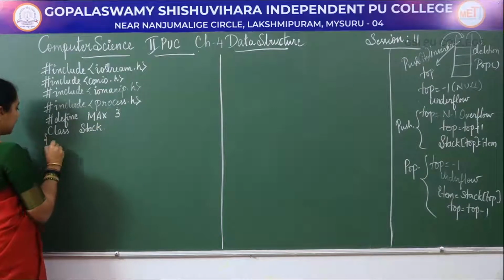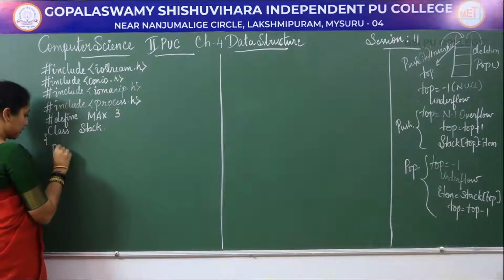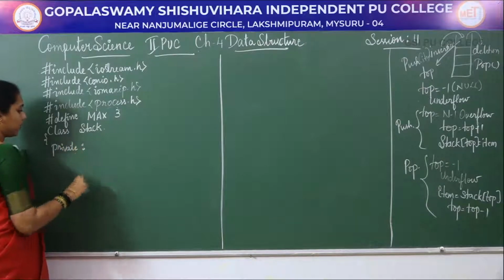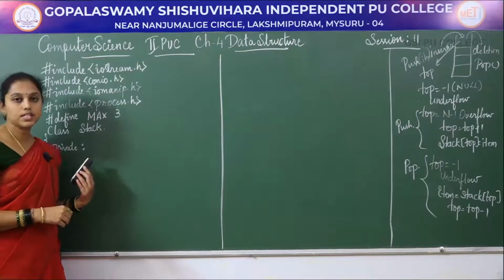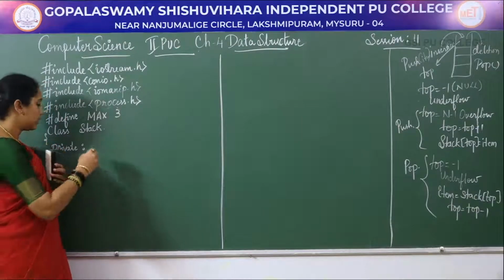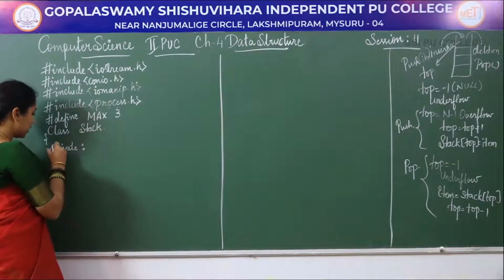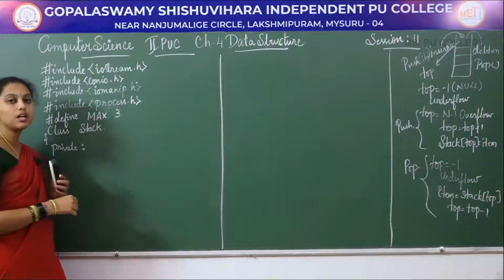Inside the class, in the private section, I am going to declare the required variables for our C++ program. The first letter of private, P, should be a small letter.